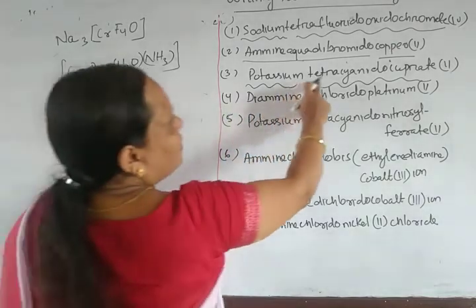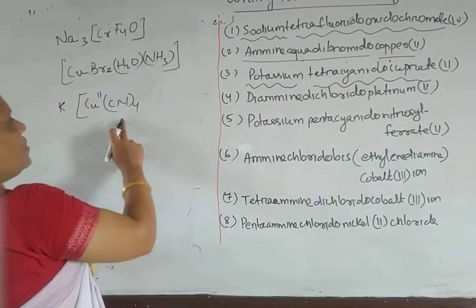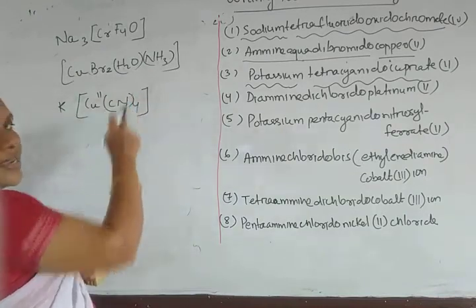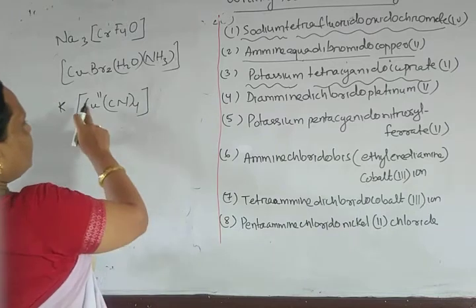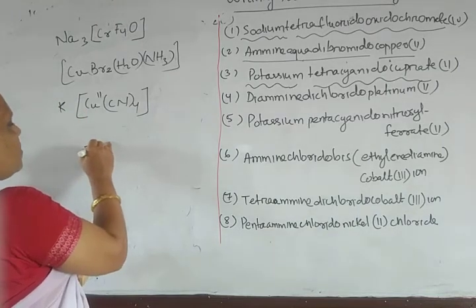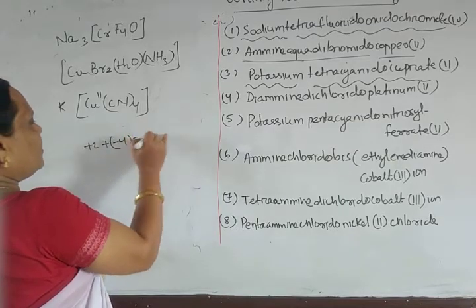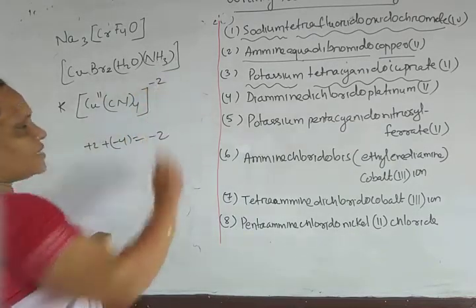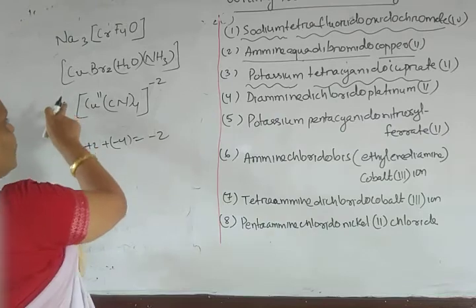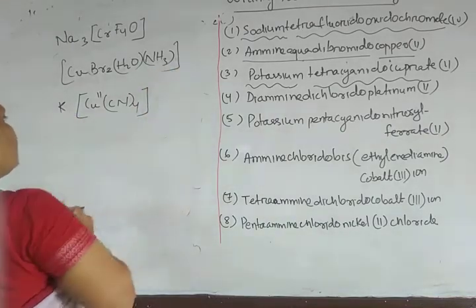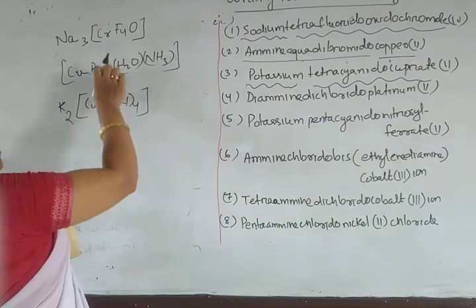No other ligands are given. Cyanide has -1 charge, so copper has charge +2 plus -4, which is equal to -2. So this complex has charge -2 and potassium has charge 1. Just crisscross this number, that is K2 Cu(CN)4.